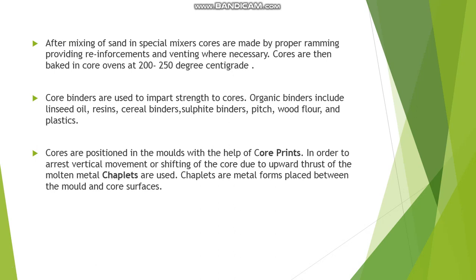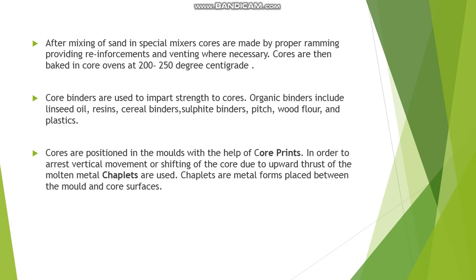After mixing of sand in special mixers, cores are made by proper ramming, providing reinforcements and venting where necessary. Cores are then baked in core ovens at 250 degrees centigrade. Green sand does not require any baking.